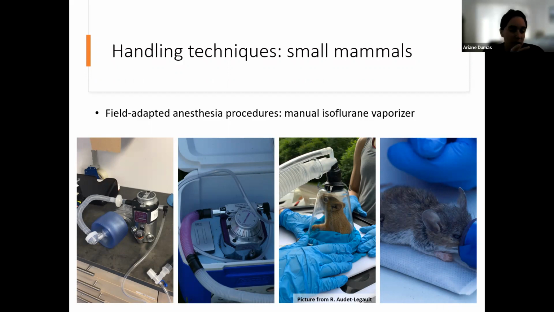Normally the vaporizer is connected to a machine that controls the amount of gas going to the animal, but we used a balloon that a person would manually pump to manage the amount of gas. To do that, you need two people, one to operate the vaporizer and the other to perform the manipulations on the animal.